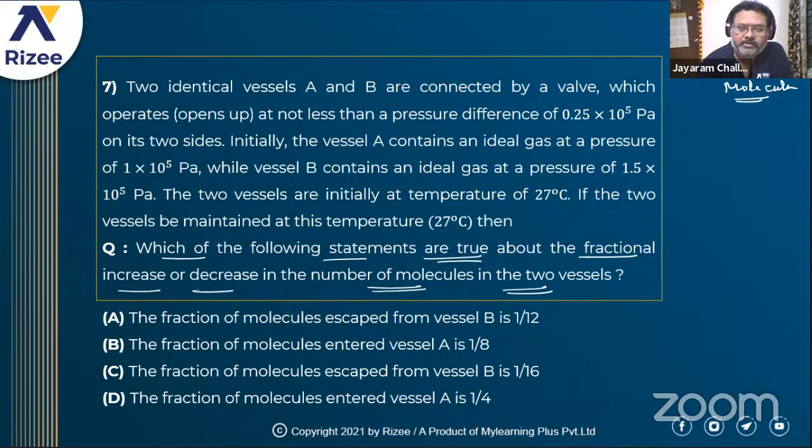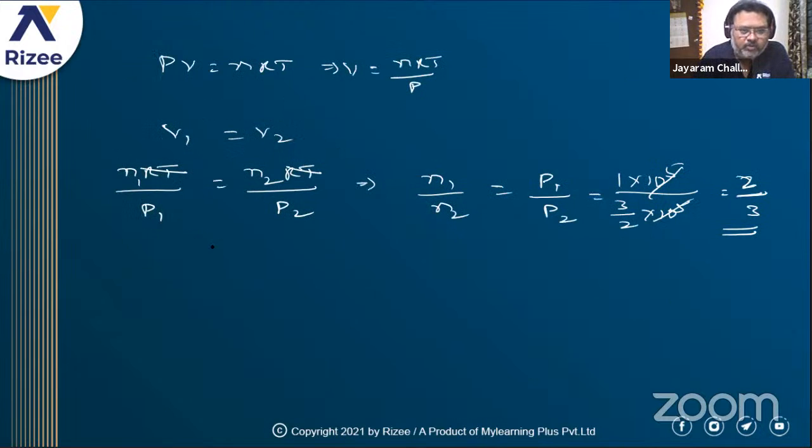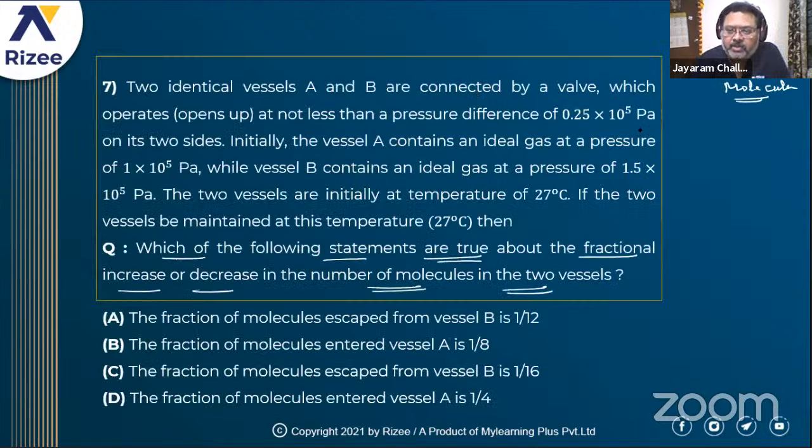In that particular sense, as we know, P1 by P2 is equal to N1 by N2. This is the relation we have obtained in this case. It's the same question, a continuation question, and I'm using the same relation here again. So this should be the initial pressure P1 and this should be the final pressure. I'll write this as the final pressure P and this as N1 dash. When I substitute 1 into 10 to the power of 5, the final pressure has to be 0.25 into 10 to the power of 5.